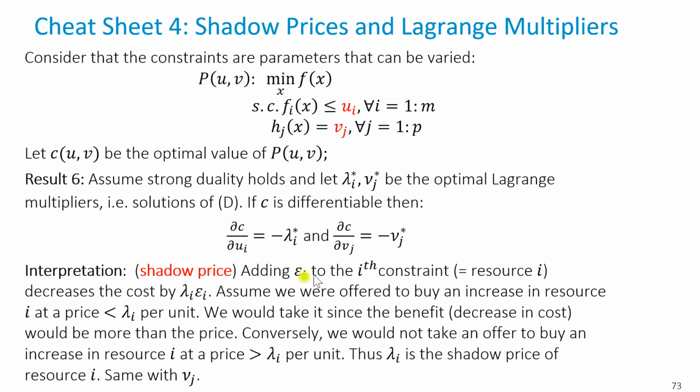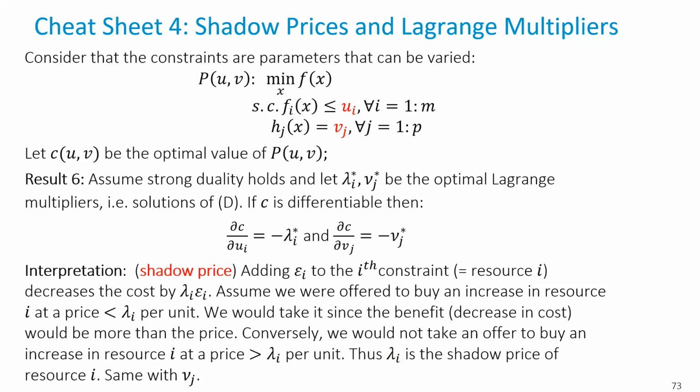So if somebody offers an increase at less than lambda i, you should accept it, because you will have a smaller cost. The optimal cost plus the price you paid for this increase will be less than what you had to pay before. Conversely, if the price is larger than lambda i, you should not buy it, because you pay more for the increase of the resource than the gain you have in the operation of your system.